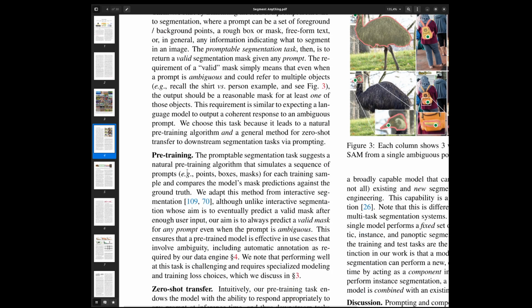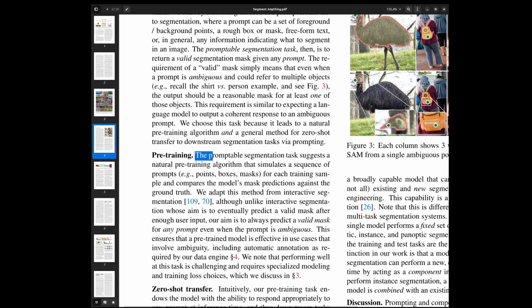Pre-training. The promptable segmentation task suggests a natural pre-training algorithm that simulates a sequence of prompts, points, boxes, masks, for each training sample and compares the model's mask prediction against the ground truth. I'm not sure I am understanding what they're trying to tell me.